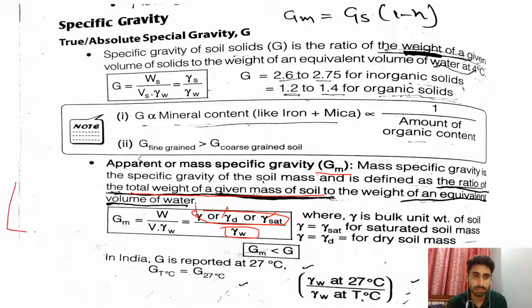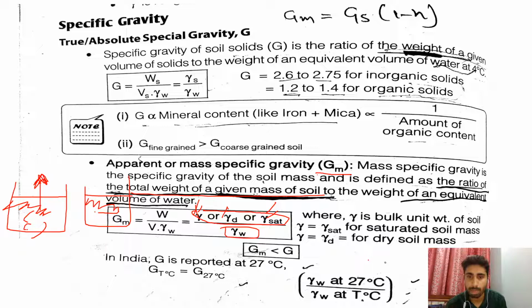Again, if you take two beakers and pour a certain amount of soil in one and that much volume of water in the other, in this case this is not the weight of only soil solid, this can be dry weight, bulk unit weight, or saturated. Soil can be in saturated condition, dry condition or bulk condition.